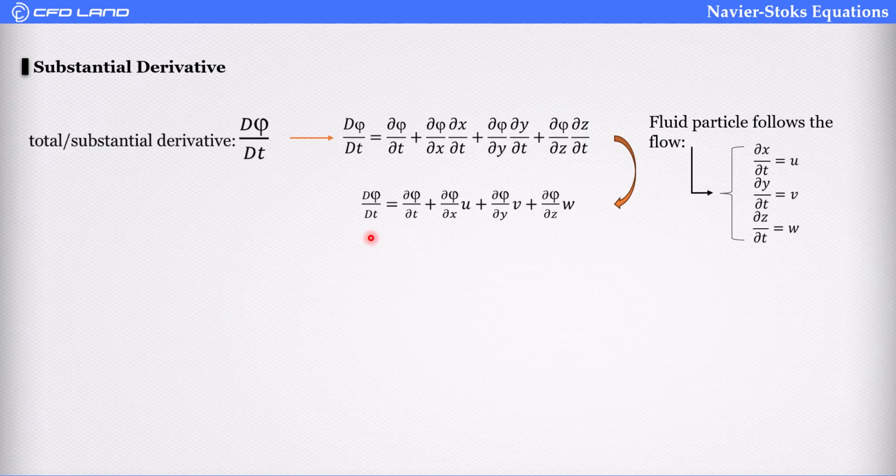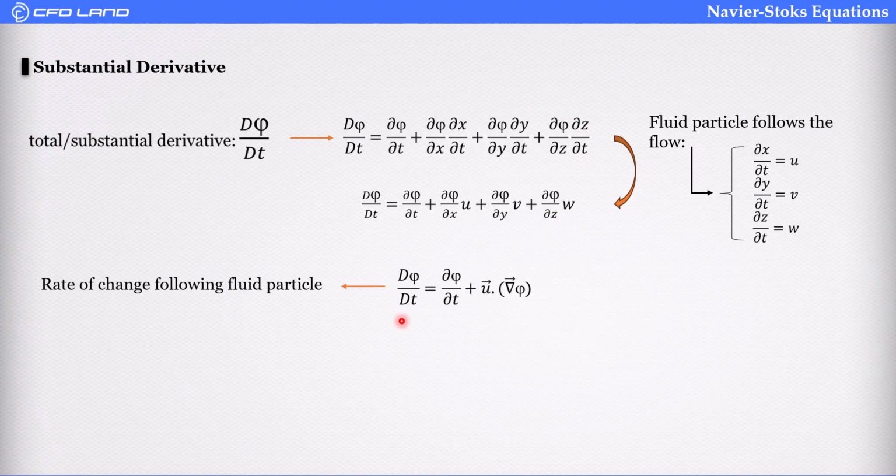And it simplifies to partial phi partial t plus partial phi partial x times u plus partial phi partial y times v plus partial phi partial z times w. And it simply shows the rate of change following a fluid particle.